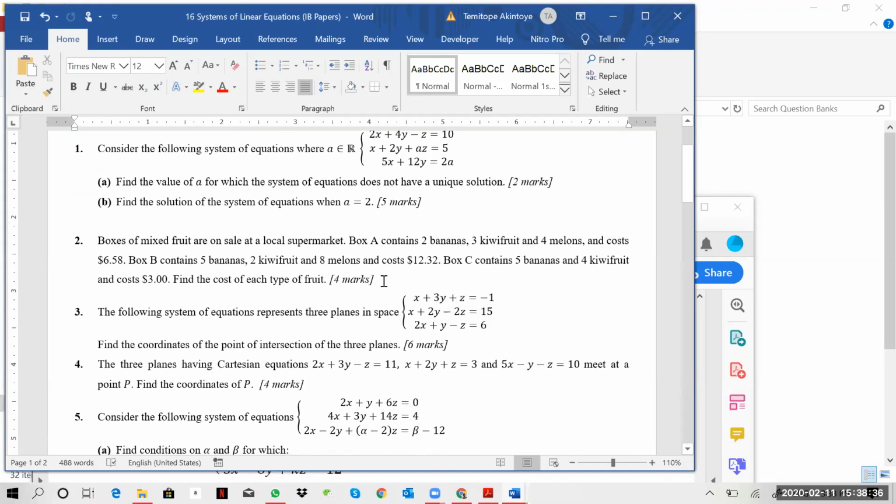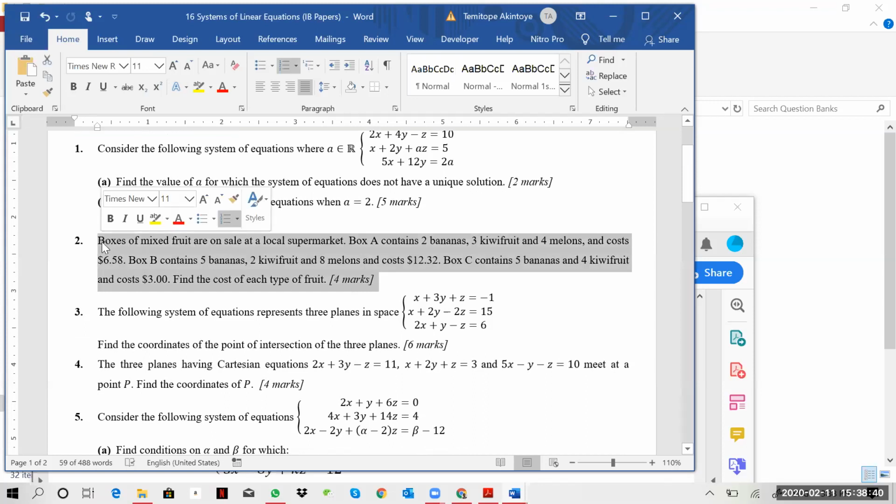Now, how to solve this? It doesn't have to be row operation unless otherwise stated in IEB. You can use other methods: elimination, substitution, Cramer's rule, and row operation is just the 4th method. There are 4 ways of solving this 3 by 3. Unless a particular method is clearly stated, you can use any method.